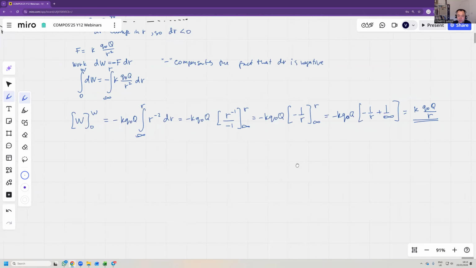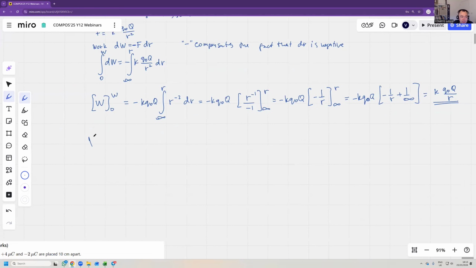Now potential V is work done per small unit charge.